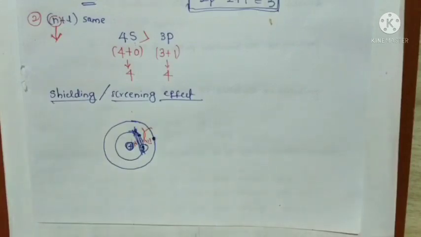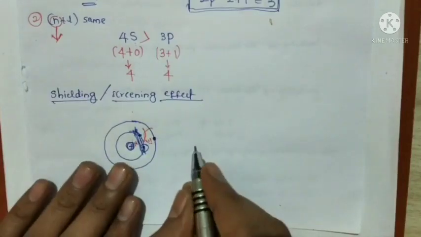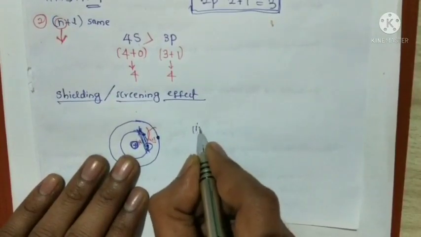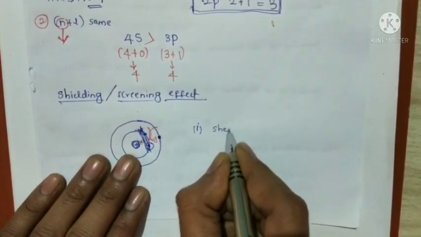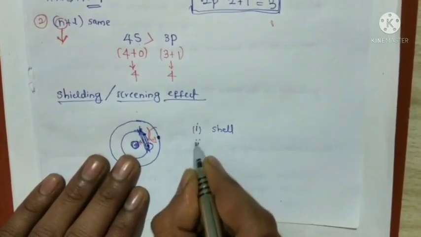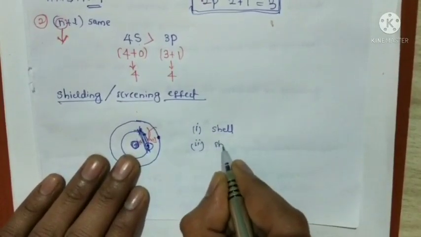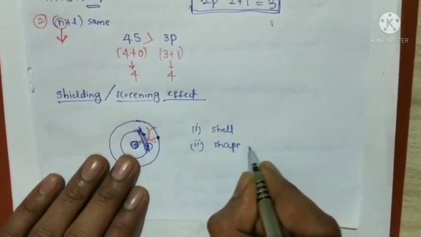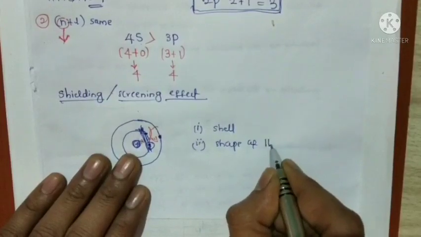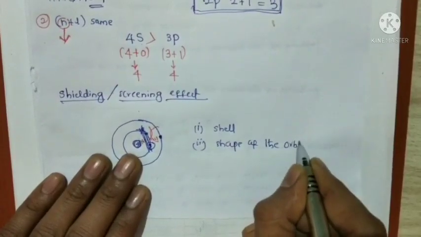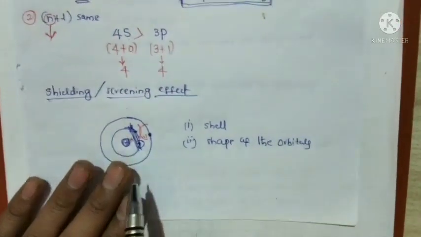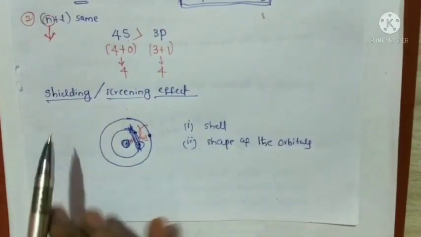And this shielding effect depends upon two parameters: one is the shell and the second one is the shape of the orbitals. Once again, what is the screening effect?